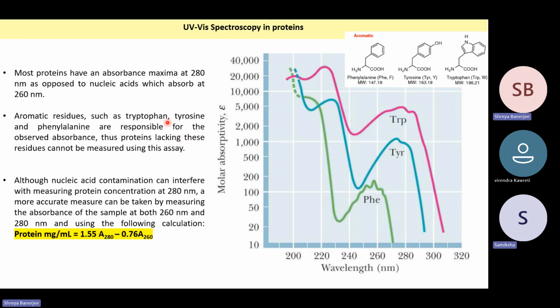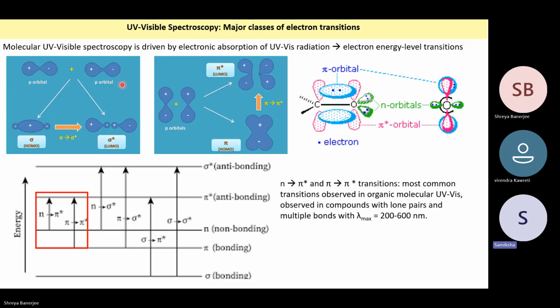Now, in that diagram upper left, this HOMO and LUMO, what are these? HOMO means highest occupied molecular orbital. Suppose when you have a sigma bond, there are two electrons involved in any bond, right? So in a sigma bond, the two electrons will occupy the sigma orbital.